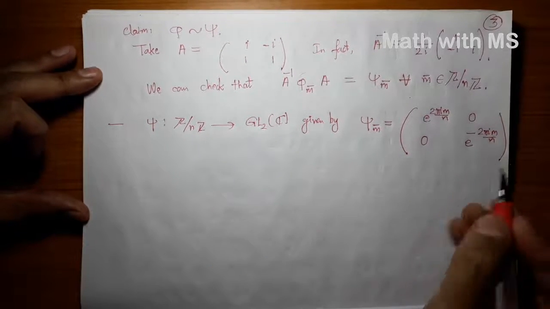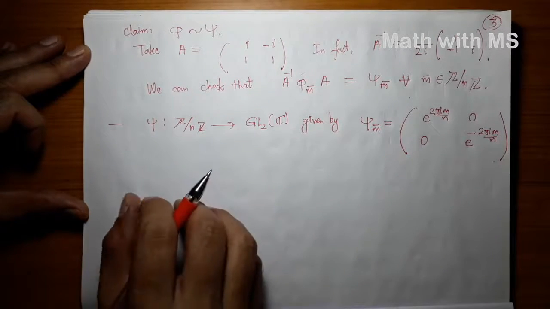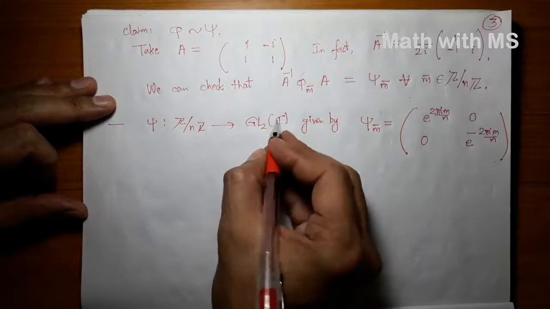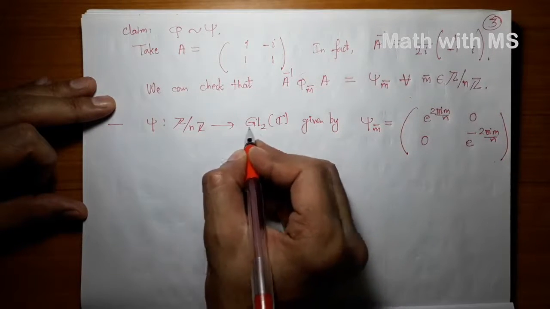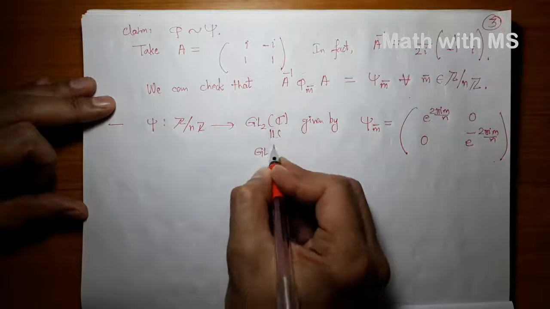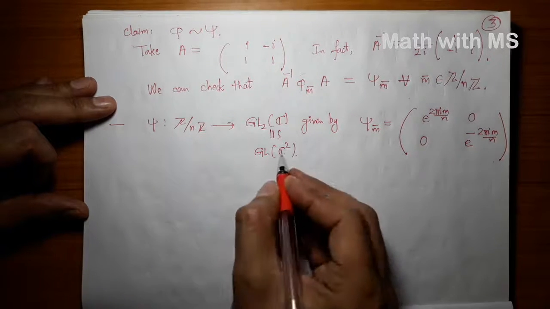Look at this matrix. What is special about it? Here I am identifying it with GL of C2, the general linear group of the two-dimensional complex vector space.